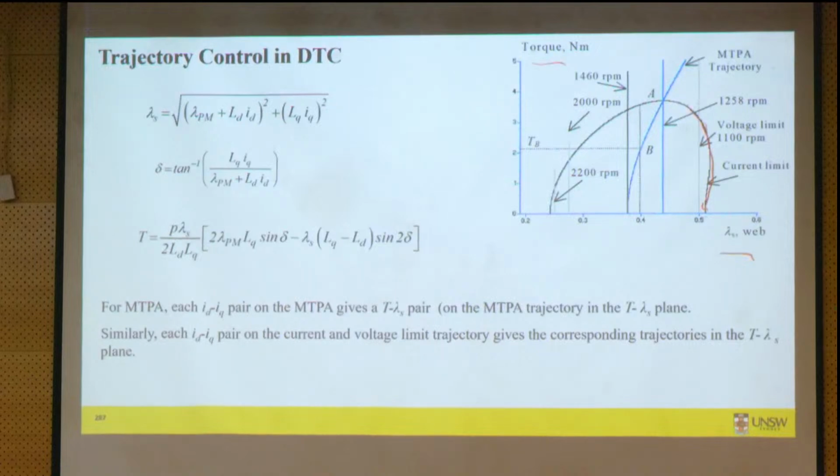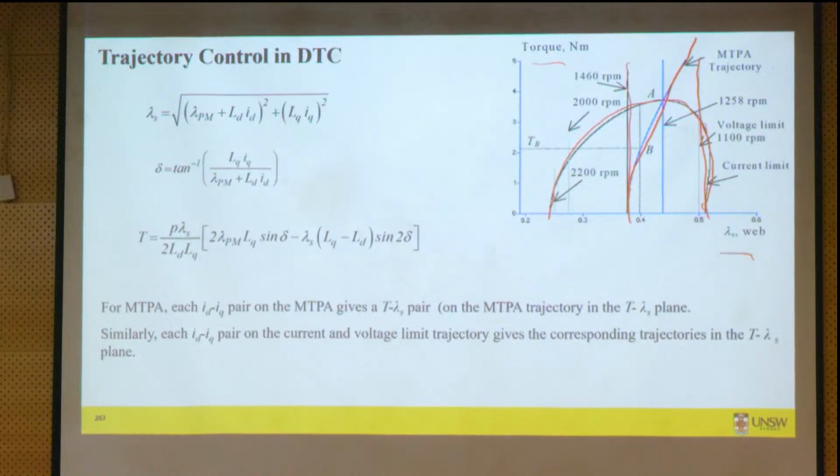This weird shape graph is actually your current limit, which was the circle in FOC, but it becomes this polygon in the torque and flux plane of DTC. And here is your MTPA trajectory. The voltage limit becomes a straight line in the torque versus flux linkage plane of DTC.